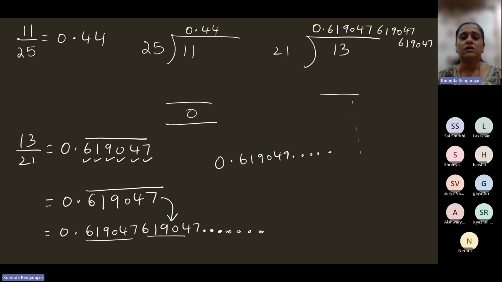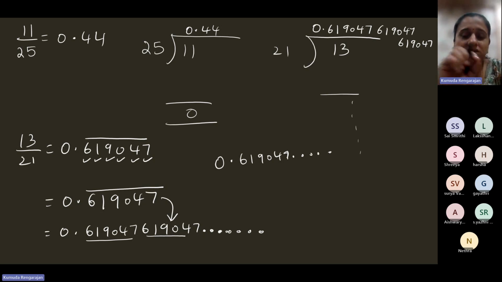So since the division will go on and on with a set of remainders repeating, in the quotient also, a set of digits will keep repeating. So this quotient is called non-terminating because it doesn't terminate, but repeating or recurring, recurring or repeating. So the quotient here is called a non-terminating recurring decimal or repeating decimal.